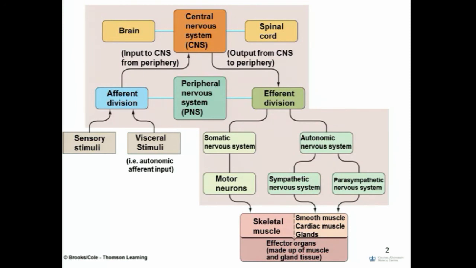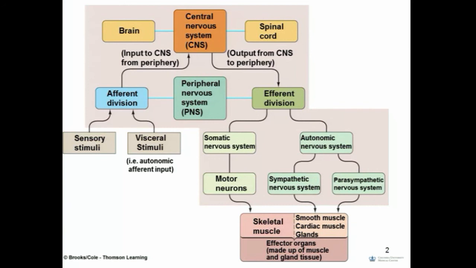Visceral stimulation are sources of sensory stimulation that we're not consciously aware of, but that sensory information is constantly fed to the brain, and it is designed to inform the brain on the status of body function, things like blood pressure, heart rate, plasma glucose, an array of sources of information.